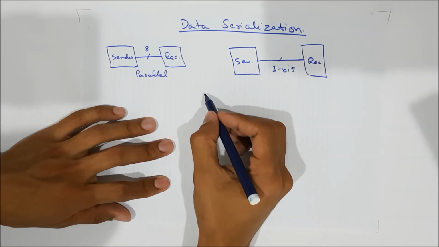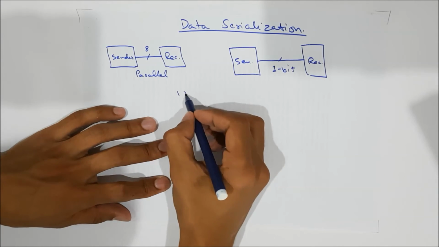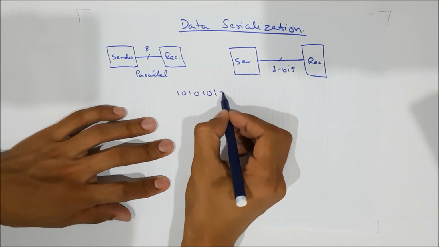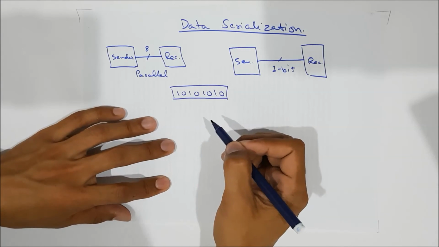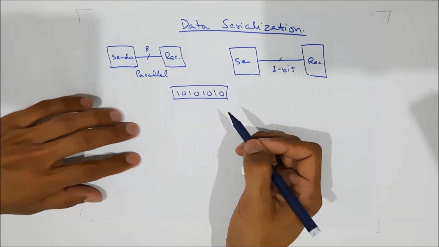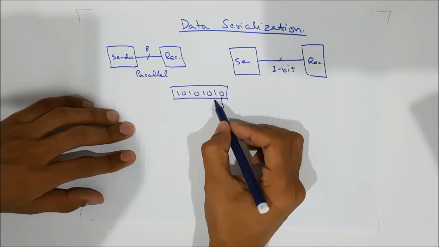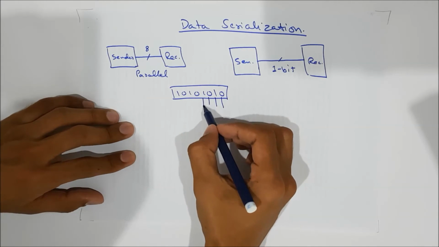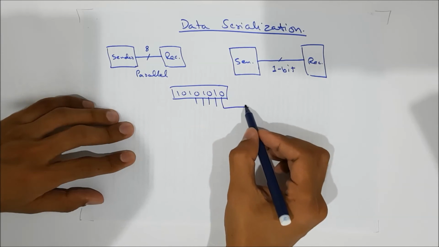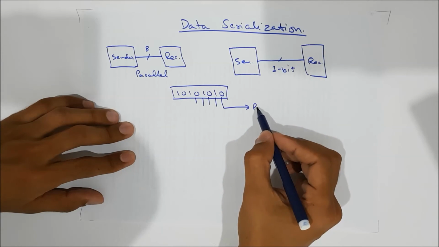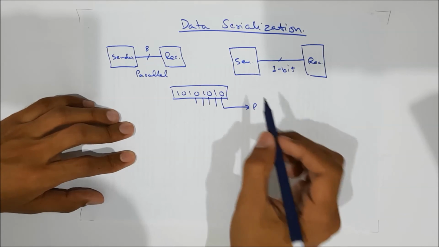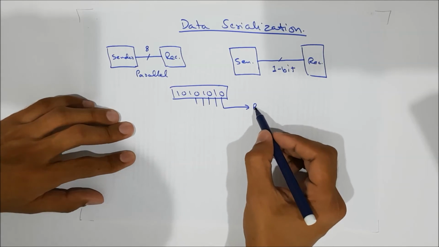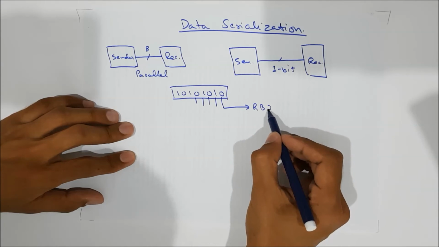We know that all our data is in the form of ones and zeros, and they are present inside a register. So what if we take this single bit one by one and keep sending it on a single pin of the sender, let's say RB0?